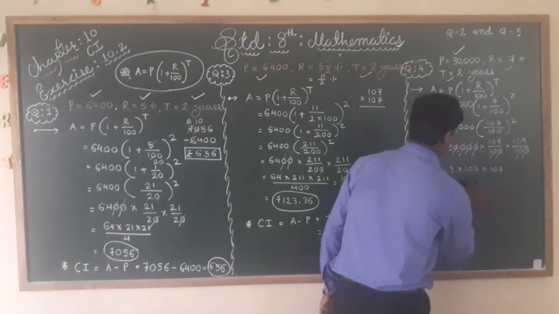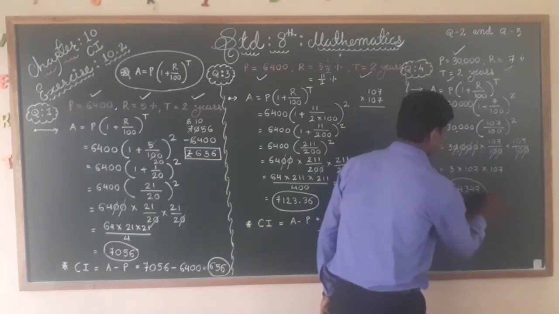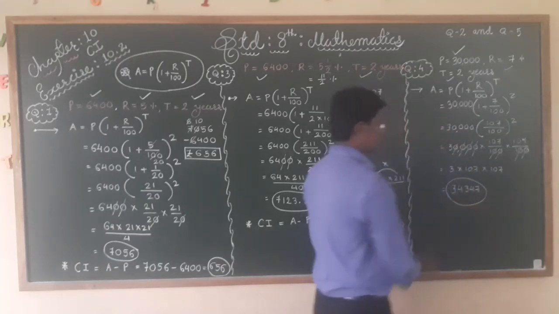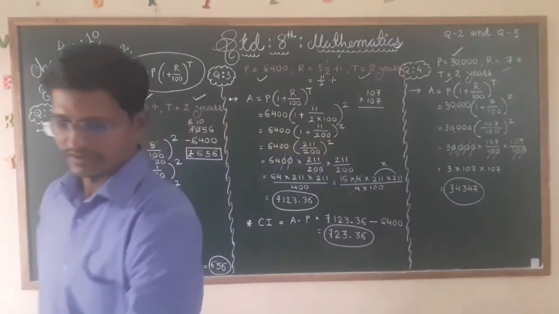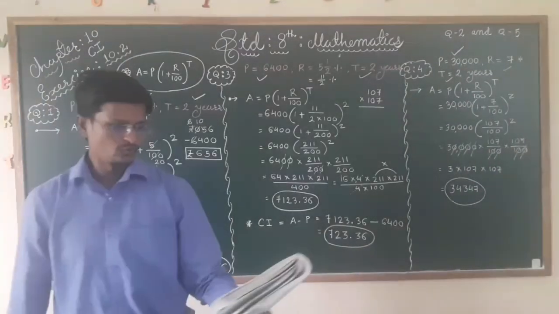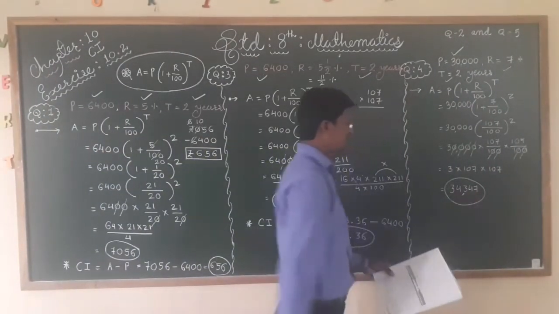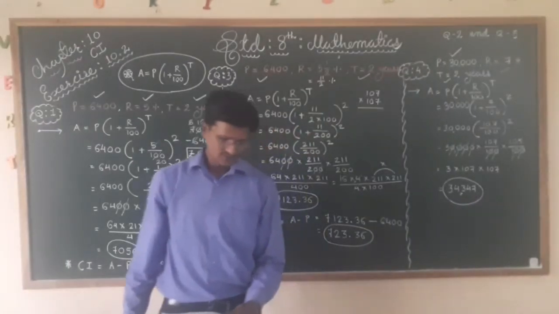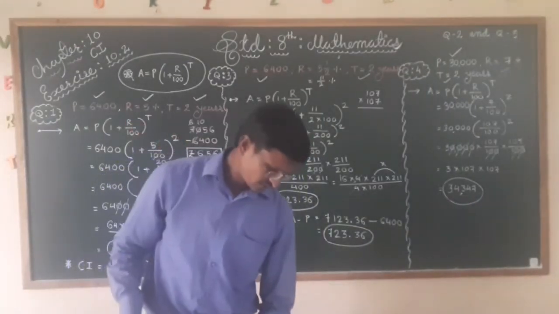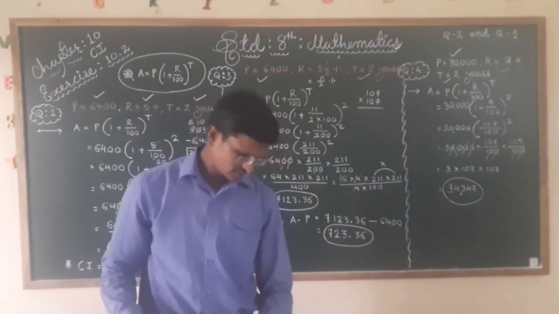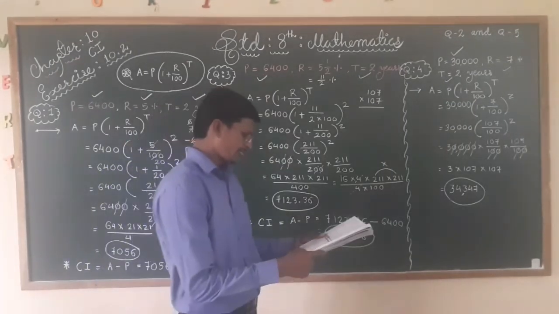You will get answer. It is your amount which is needed to pay after 2 years. So 34,347 is the answer of this question number 4. So that needed to pay after 2 years.